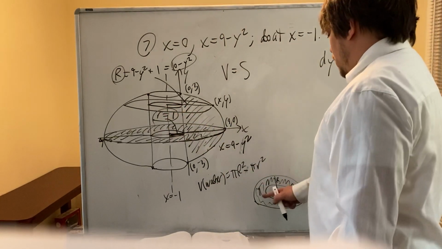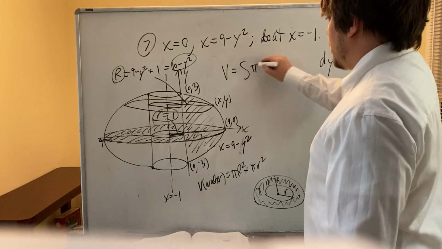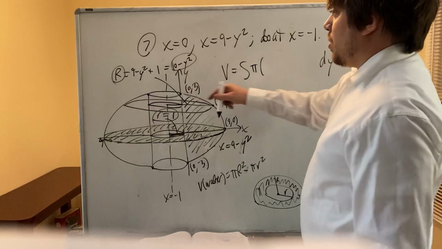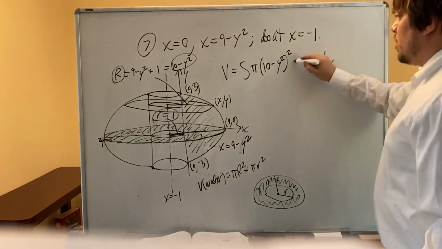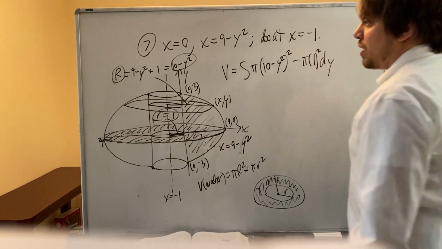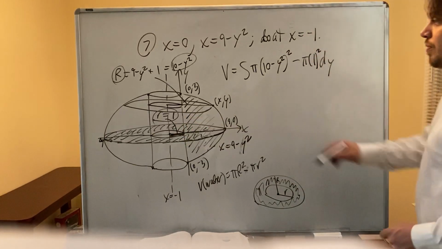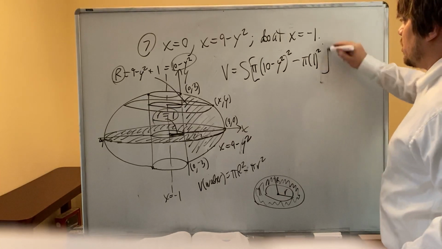And so the washer is pi times the larger radius, 10 minus y squared, squared, minus pi times the smaller radius squared, which is 1 squared. And so that's our integrand.